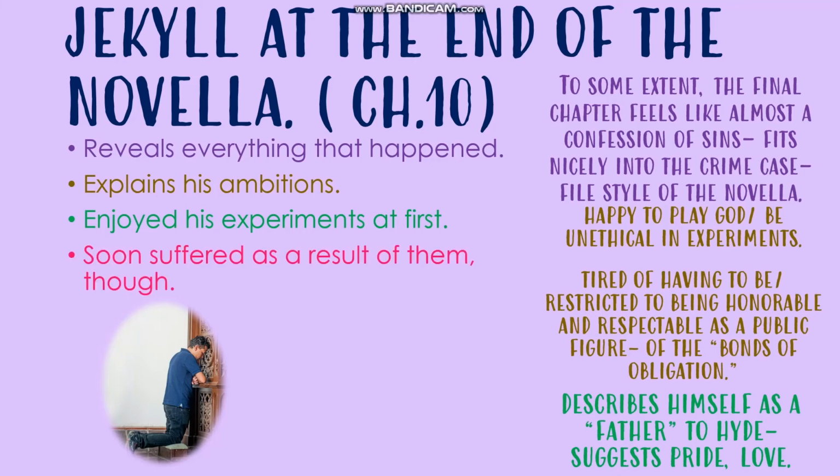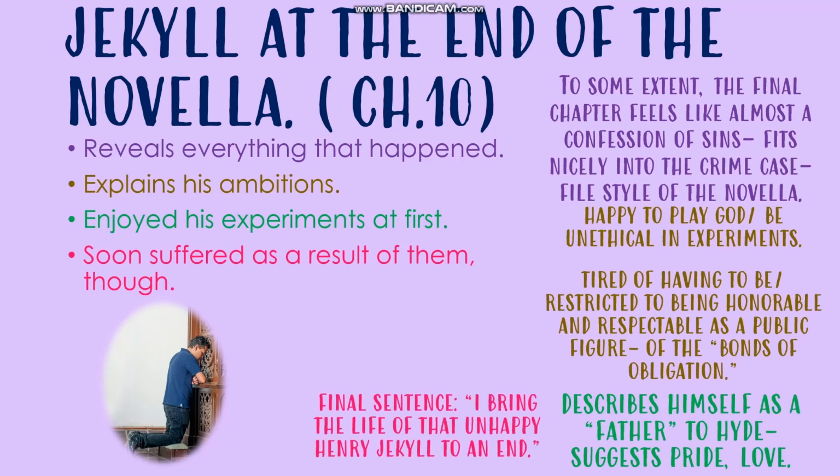Ultimately though, he does mention the fact that he's suffered and talks about his regrets as a result of these experiments. And this is most evident, I suppose, when it says at the end of the text, "I bring the life of that unhappy Henry Jekyll to an end." So he does recognise that while it was a short-lived enjoyment for a while, ultimately it has led to his ruin and death as well.